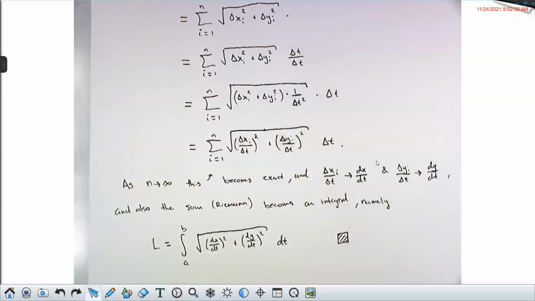Details of the proof not super important, but I do want you to recognize that this thing right here represents a little element of arc length. We call it ds.